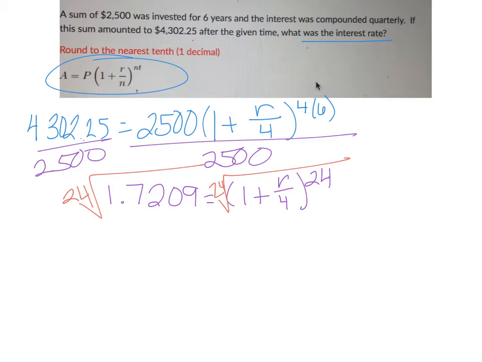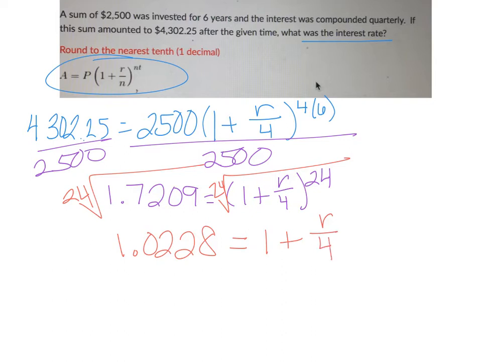And to do that, you're going to press 24 on your calculator, math, option 5 of the above answer, or go ahead and type it in. When I do that, I get 1.0228, leave it whole in your calculator, and you have 1 plus R over 4.